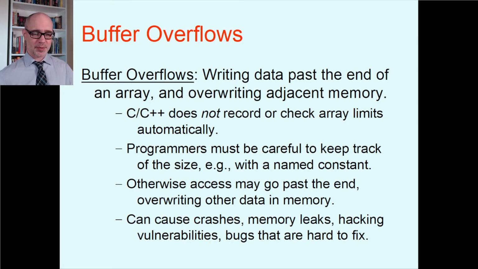And as a result, any kind of crazy problem could possibly happen on the computer. The program could crash, other programs could crash. You could have memory leaks where parts of memory are no longer accessible. On a website, this creates hacking vulnerabilities where someone can take over your system by overwriting your memory. Bugs that are just super hard to track down and fix. So basically, anything's possible when you start randomly trashing memory with a buffer overflow.